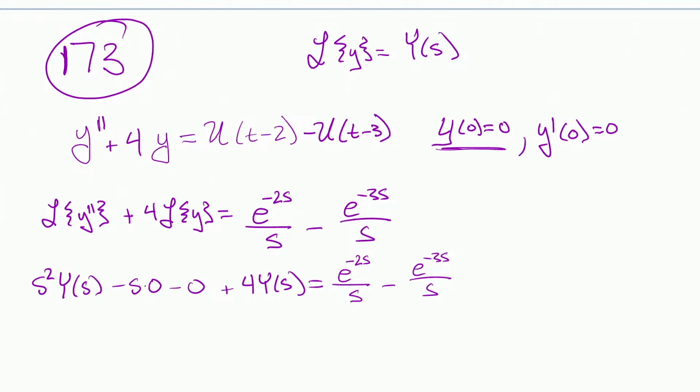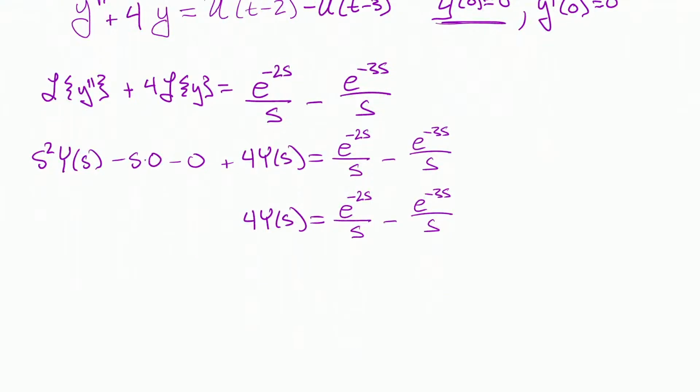So here we go again. Duplicate. I just don't want to have to write if I don't have to. So let's see, this is s squared plus, does that look right? Yeah. Nice.